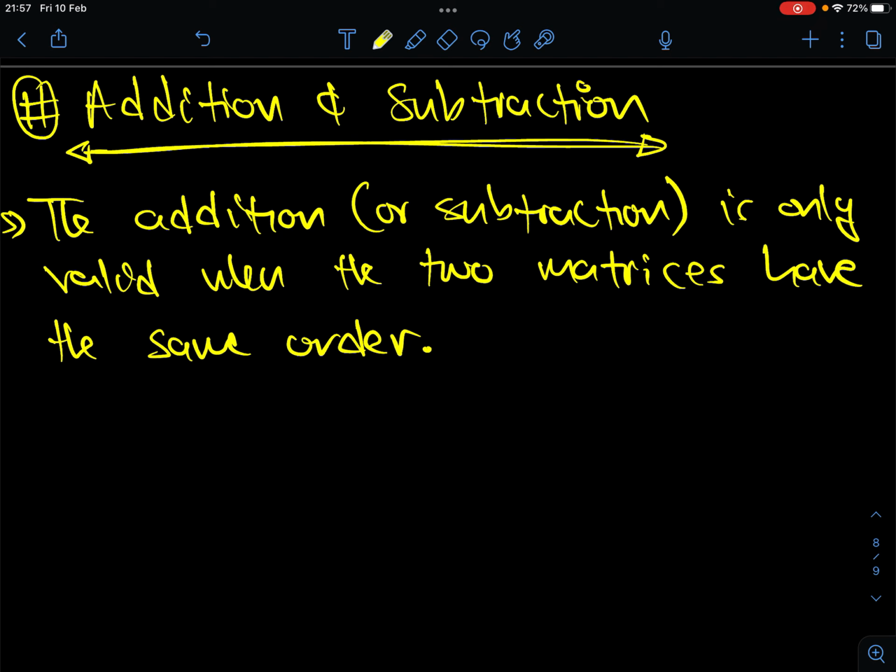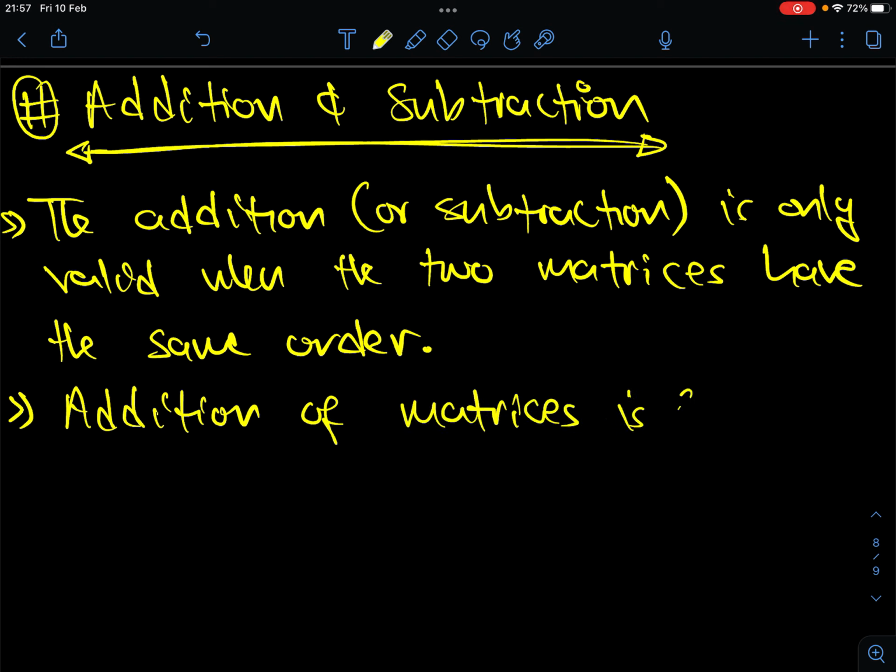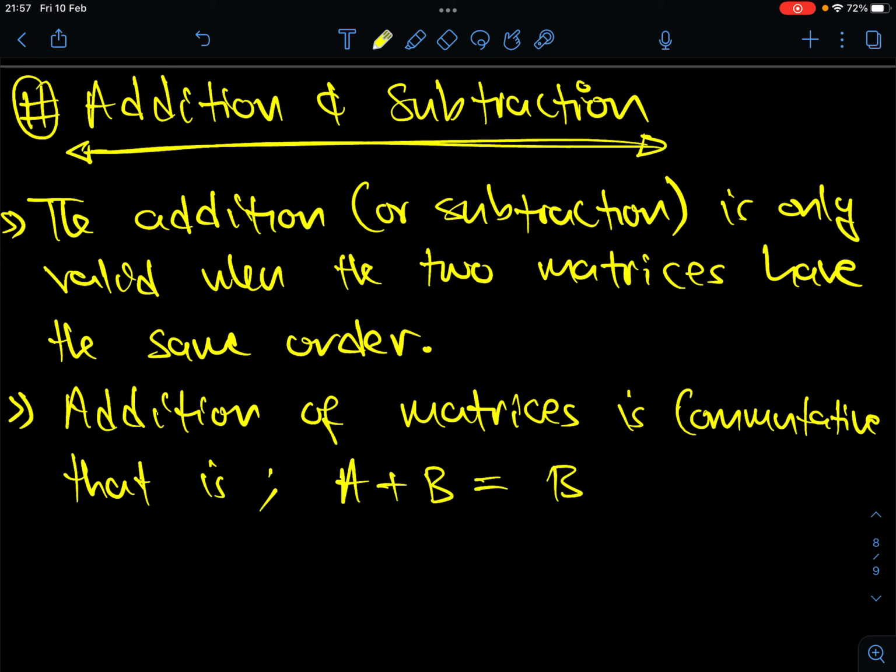And then the extra information that you should know is that the addition of matrices is commutative. That is, if you add together A plus B, you will get the same answer even if you say B plus A. So the addition of matrices doesn't care about the order in which you add the two matrices together.